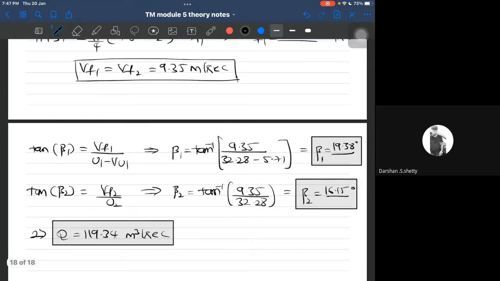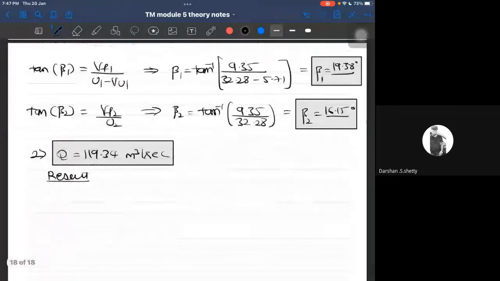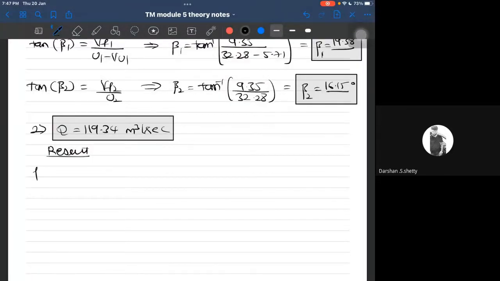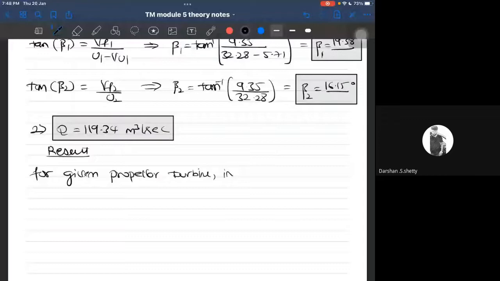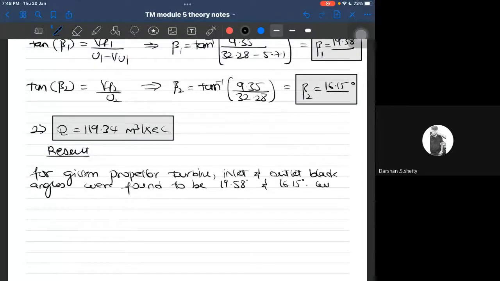So I would write the result: for the given propeller, inlet and outlet blade angles were found to be 19.58 degrees and 16.15 degrees, with a flow of 119.34 meter cube per second, and there ends your problem.